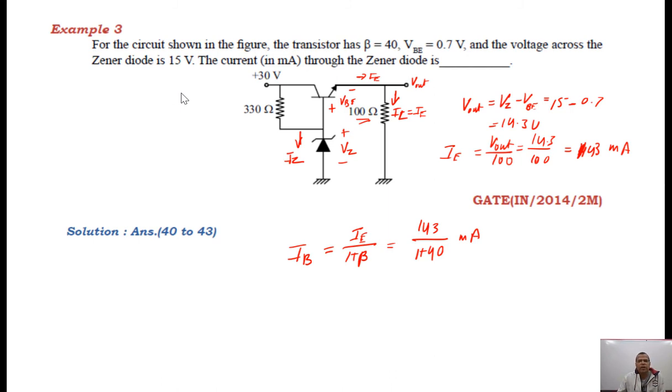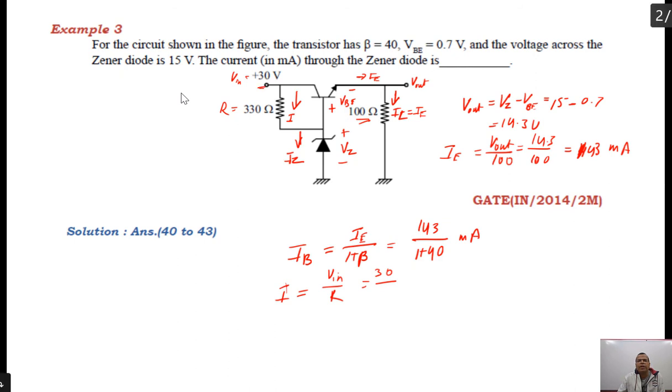Now let us proceed further. Here base current is this. So now find current in 330 ohm resistance. Say this current is nothing but I. So current I is equal to input voltage upon resistance R. Suppose this is resistance R. So this is input voltage, right? What will be current I?